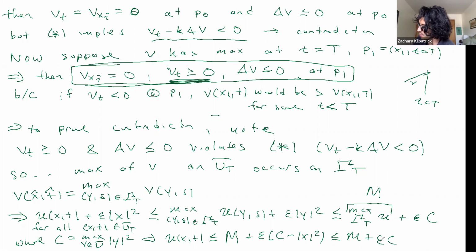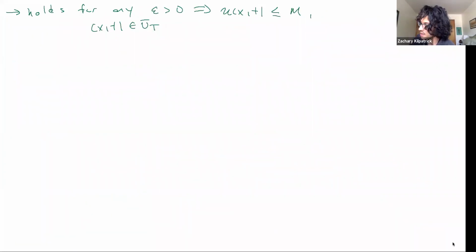We took that perturbation effectively to 0. We took the limit as epsilon goes to 0. Because we can make epsilon as small as we like, the inequality without the epsilon term has to hold as well. So that's the maximum principle on bounded domains.